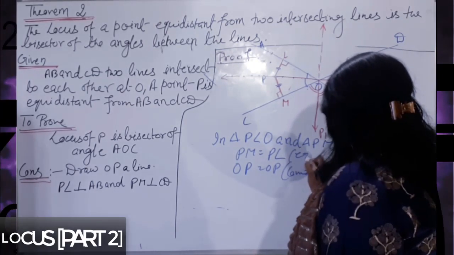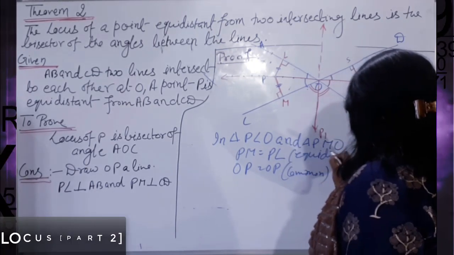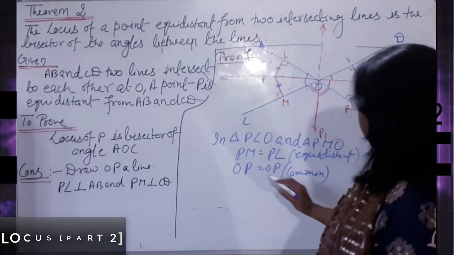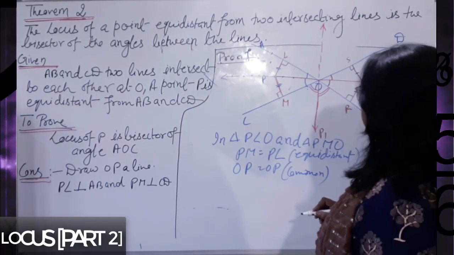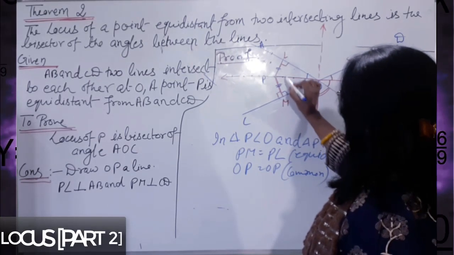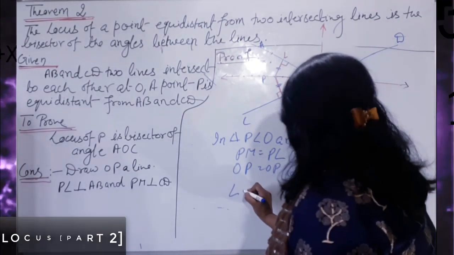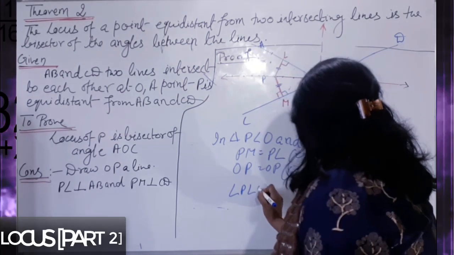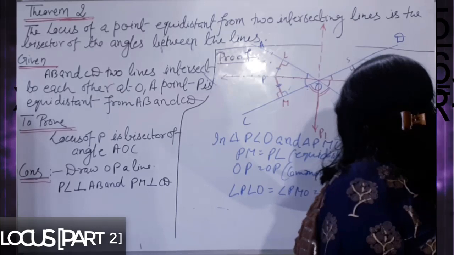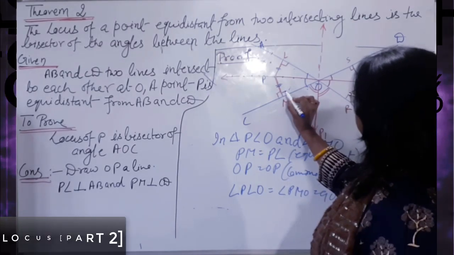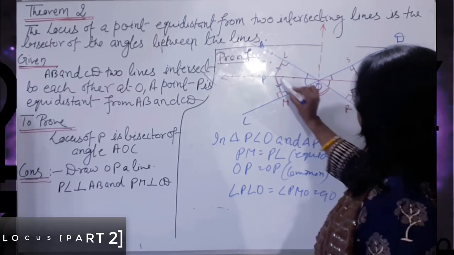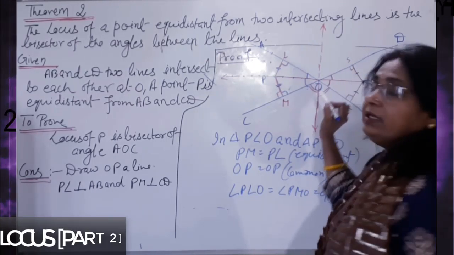And this is equidistant from both lines. And one more thing, yes, it is 90 degrees. Angle PLO is equal to angle PMO, equal to 90 degrees. That means this angle is 90 degrees. These two are equal, and the hypotenuse of this right angle triangle is common.